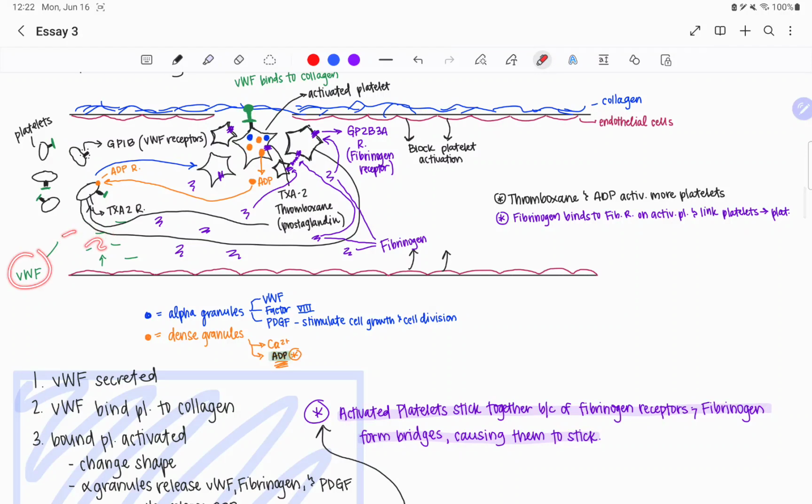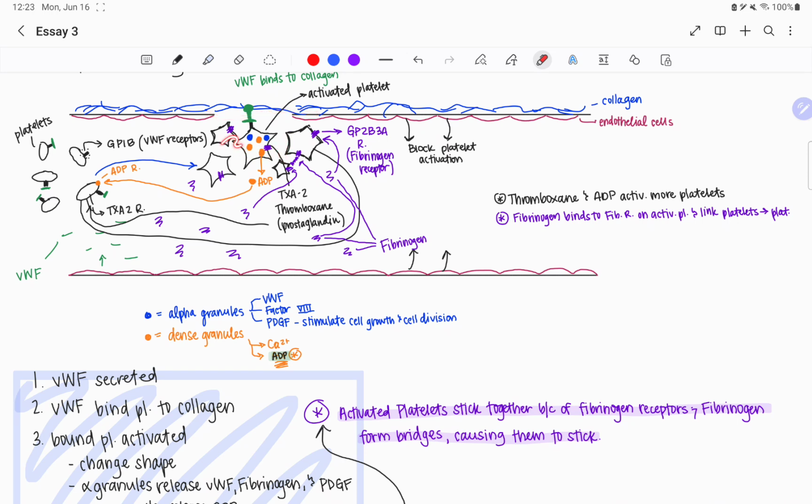Okay, so if VWF is all these little green guys here, they're going to attach to a platelet, and then they'll come up here attached to the collagen, and that will activate a platelet. The platelet will then have these alpha granules and dense granules. Dense granules release ADP, and then just the membrane itself releases TXA2, thromboxane, and they come and activate more platelets to the cause of fixing this problem area here.